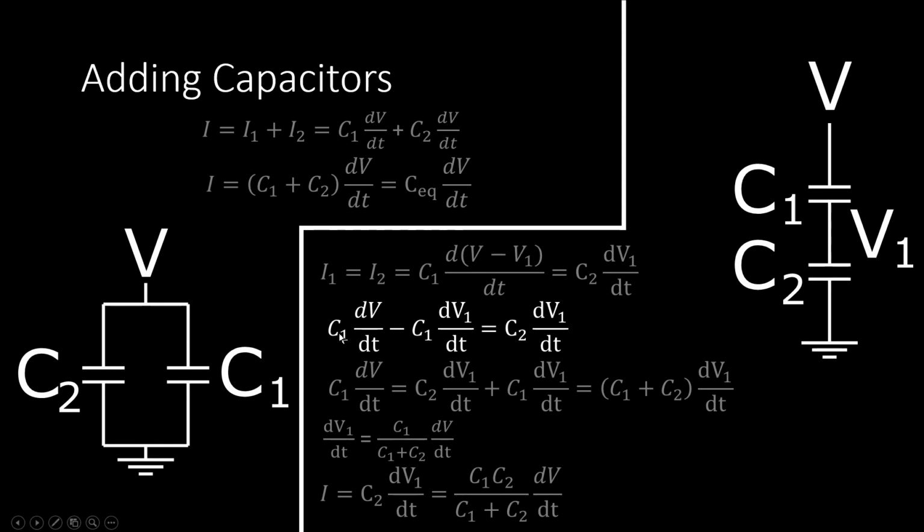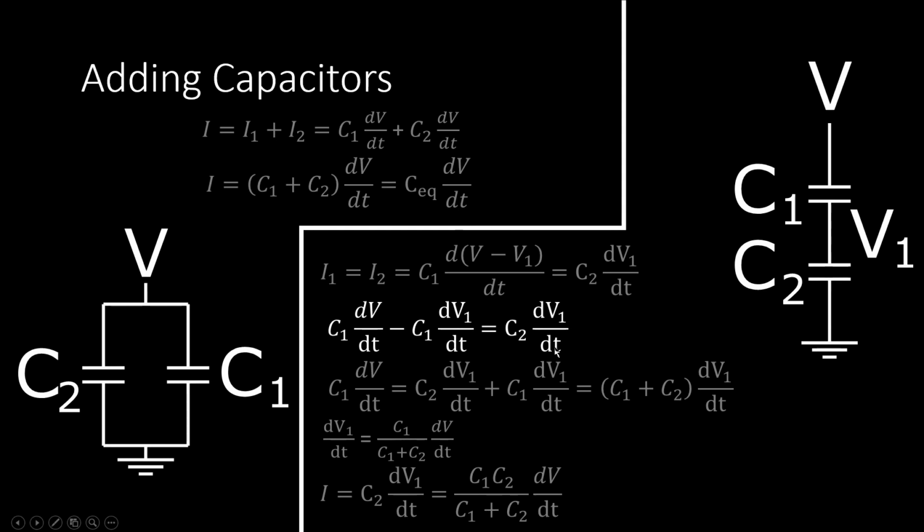So we can break that up to C1 times the derivative of the voltage with respect to time minus C1 times the derivative of voltage 1 with respect to time, and that's still equal to C2 times the derivative of V1 with respect to time.